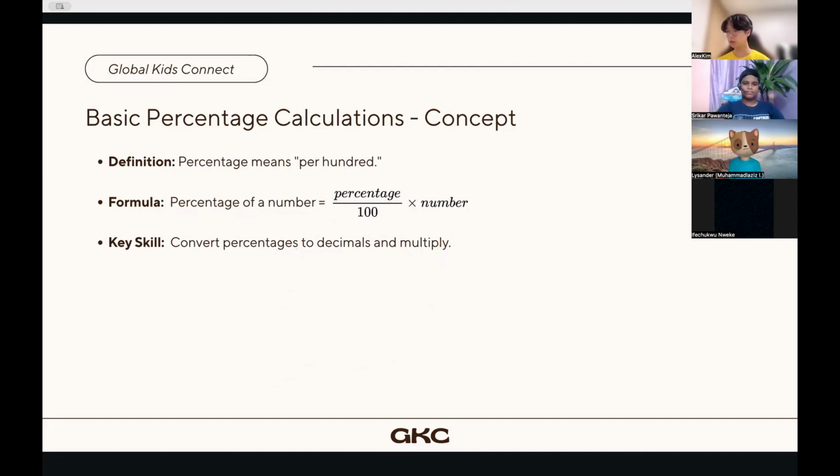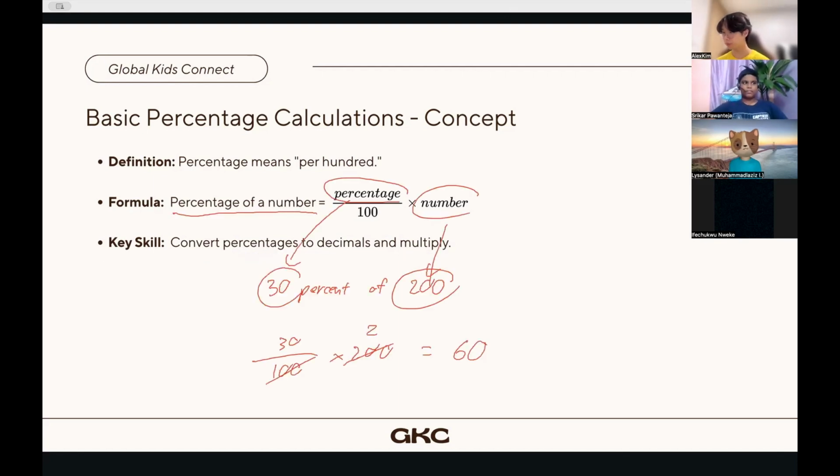Some key skills are to convert percentages to decimals and multiply. In our previous example, we said 30% of 200.